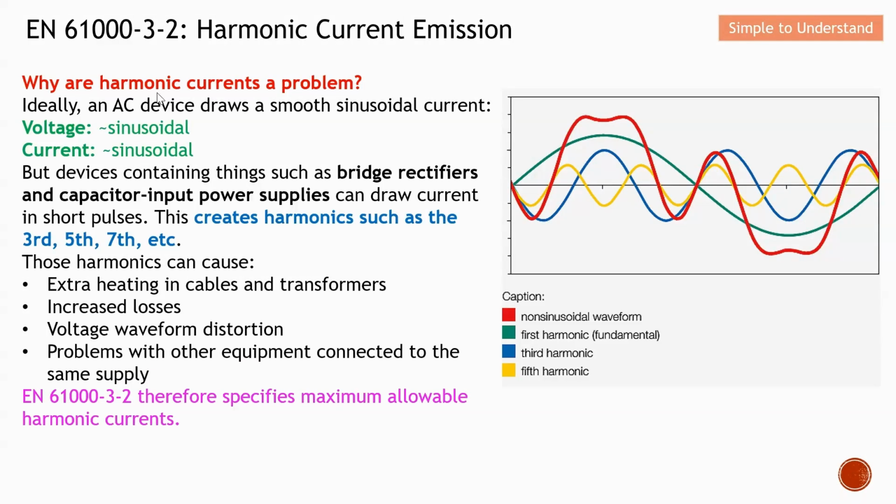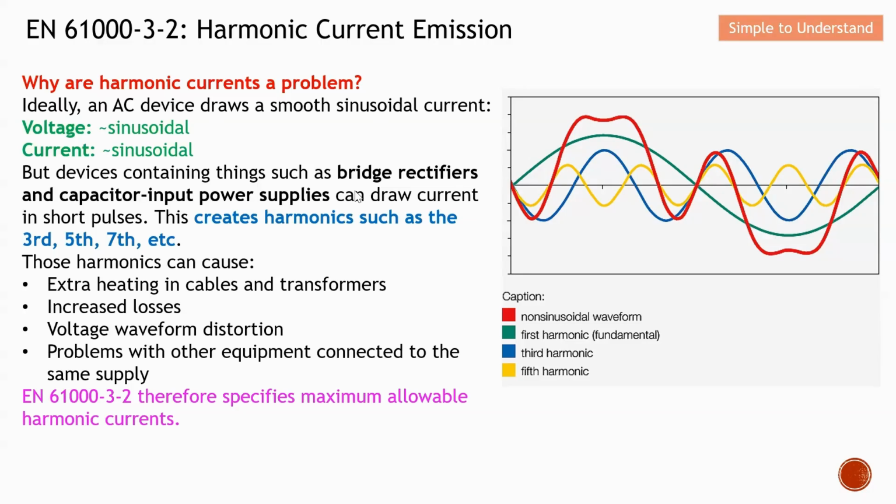Ideally, for any AC device, we want it to draw a smooth sine current and also voltage. However, this is only for the ideal situation. Nowadays, as I mentioned earlier, we are using more and more switch mode supplies.